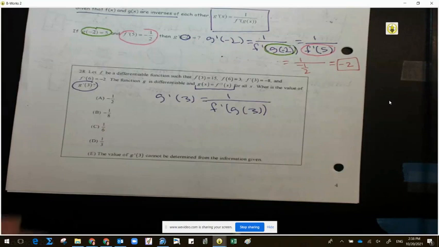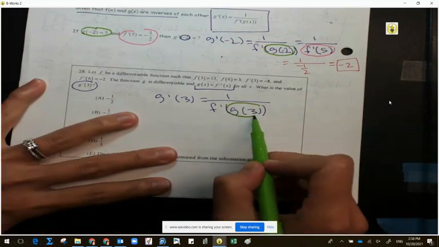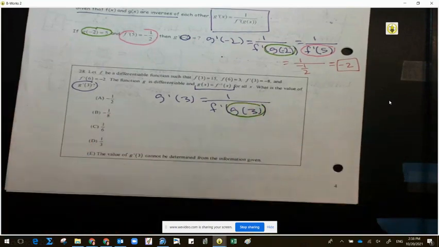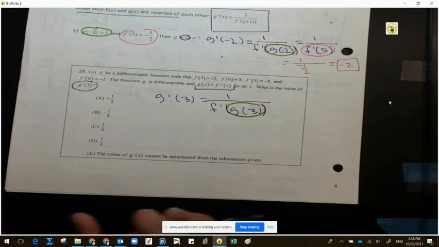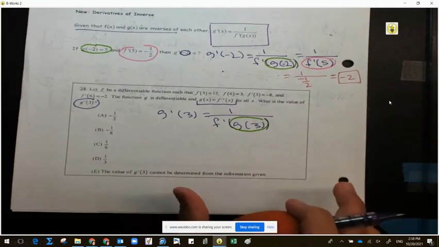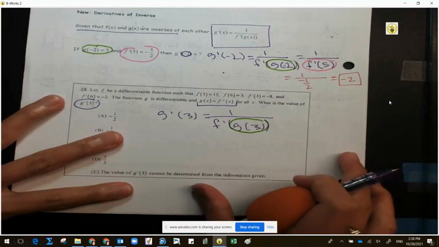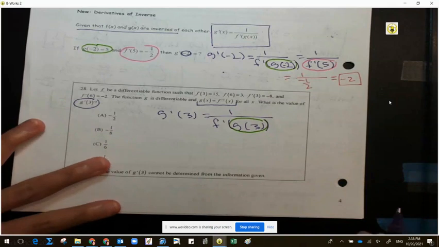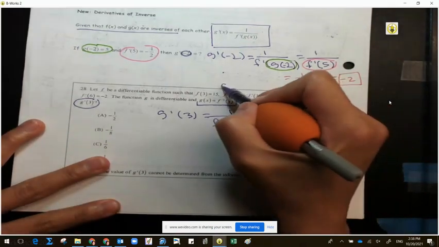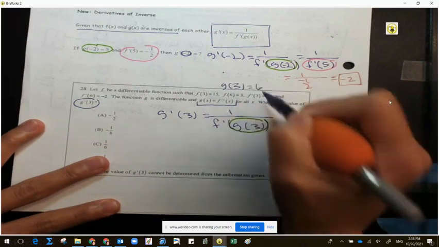Looking at the very inside, do I see g prime of 3 or g of 3 anywhere by the given? No. What can we do? Tell me, Luke. So you take f of 6 equals 3 and make it g of 3 equals 6. Nice. G of 3 is equal to 6.